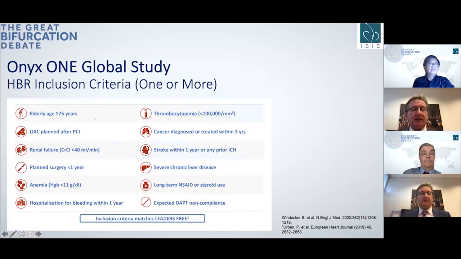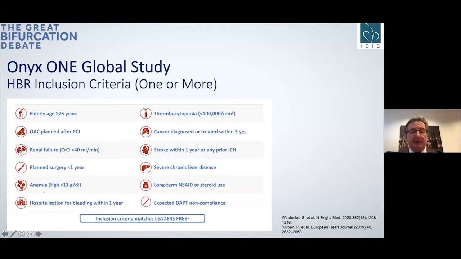In the majority of cases, patients with age over 75 years. Then renal failure was really very important, anticoagulation, planned surgery, anemia, hospitalization for bleeding within 1 year prior to PCI, and also some problems with liver disease.